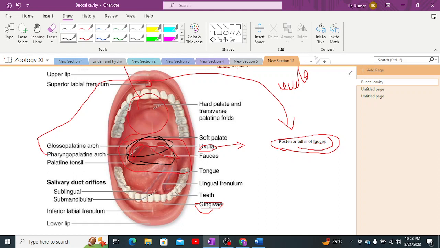Whenever we swallow and yawn, it supports the downward part so that it may not get disintegrated.